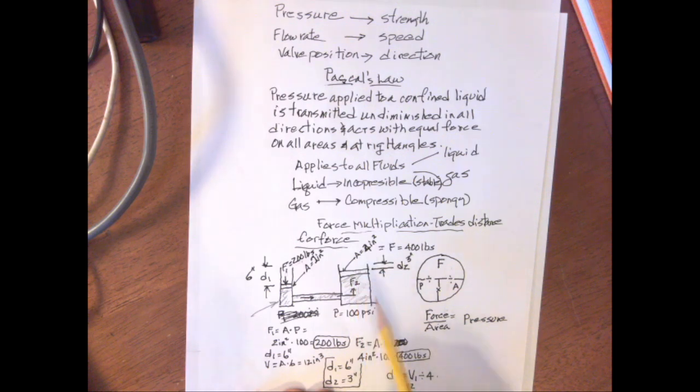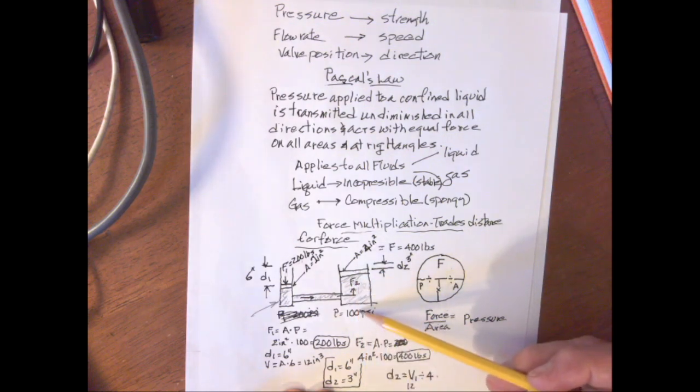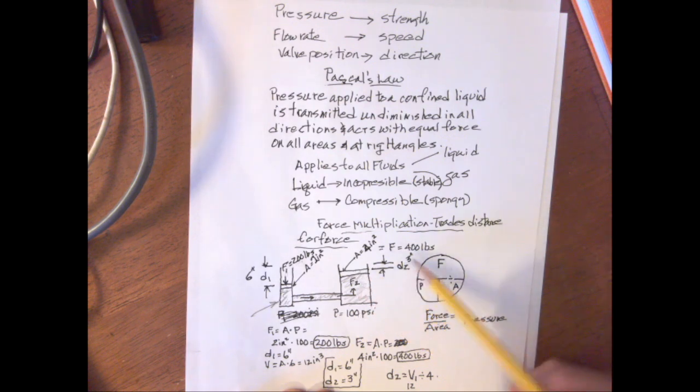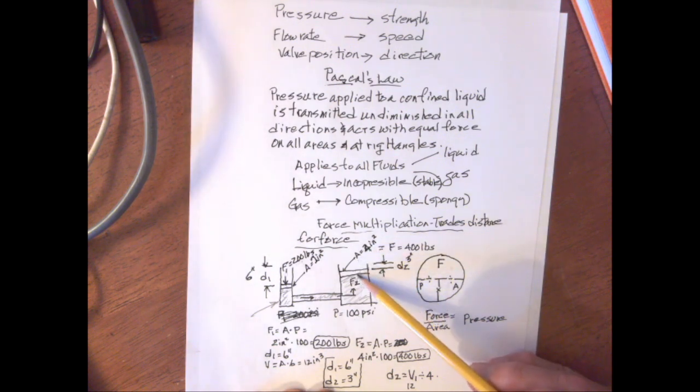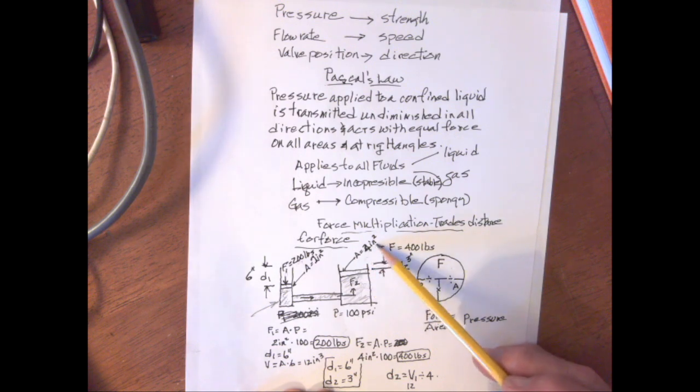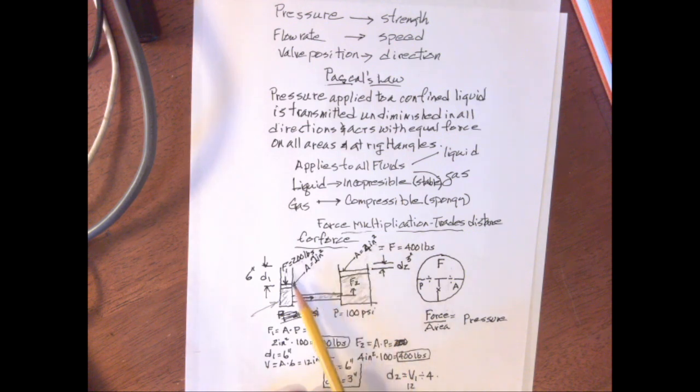And the force out will be determined by the same pressure, 100 pounds, going up against a much larger diameter piston. In this case, the area of this piston is 4 square inches. So this has got a factor of force out divided by force in of 2 to 1.